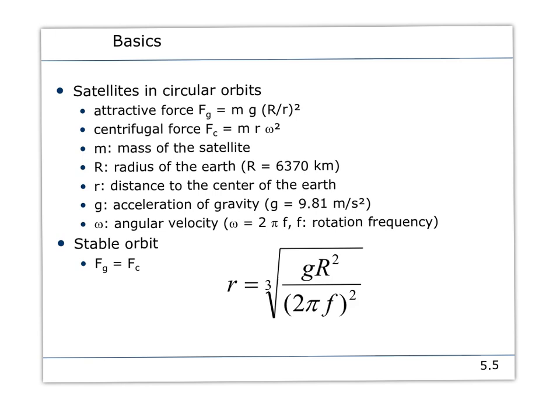Well, the angular velocity is the rotational speed. Yes. The angular velocity is 2 pi f, and f is the frequency of rotation. Right? So if the two forces are equal, the satellite can keep itself in a specific orbit and circulate at an equal distance from Earth, right?